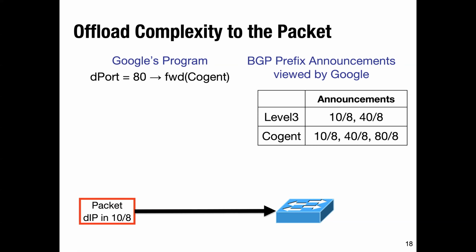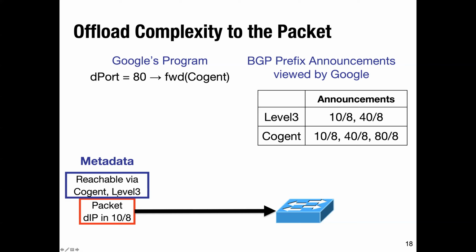When the packet is coming in, it is carrying the information that it has some destination IP which belongs to a prefix 10/8. But in addition to this information in the destination IP field, what if a packet also carries some meta information? This is a hypothetical argument, but what if this meta information says that this packet is actually reachable via Cogent and Level 3, right?